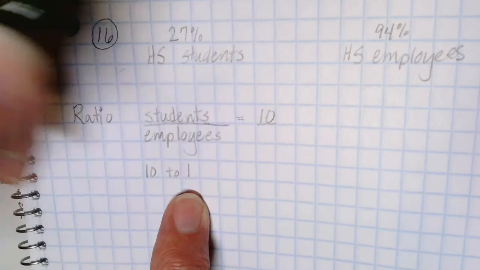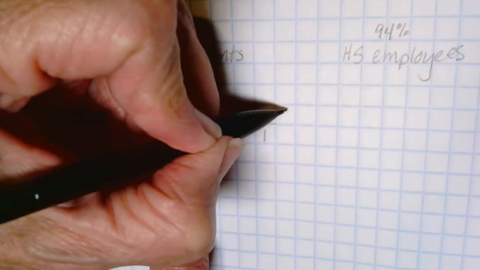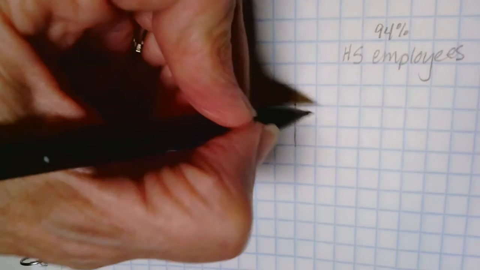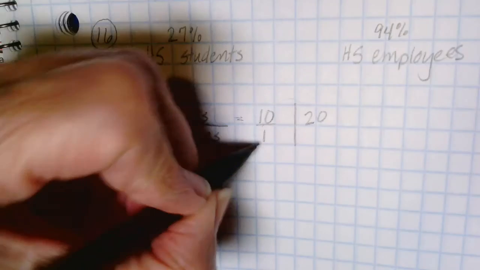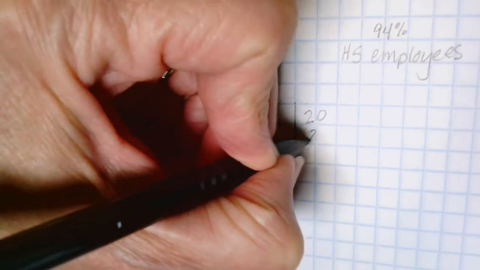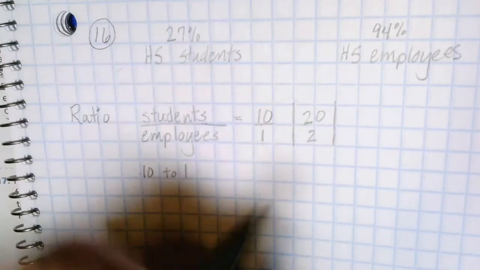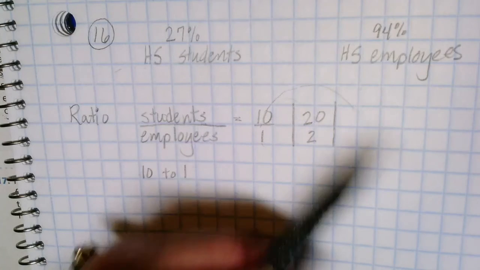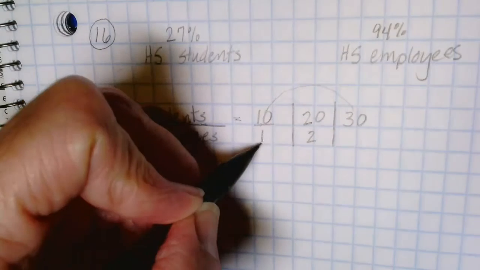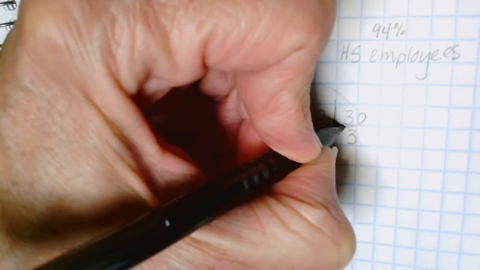So we have, for every 10 students, there is one employee. So if I were to double the number of students to 20, I would also double the number of employees, and I would have 2. And I could continue in this manner. If I triple the number of students, I would get 30, and if I triple the number of employees, I would get 3.